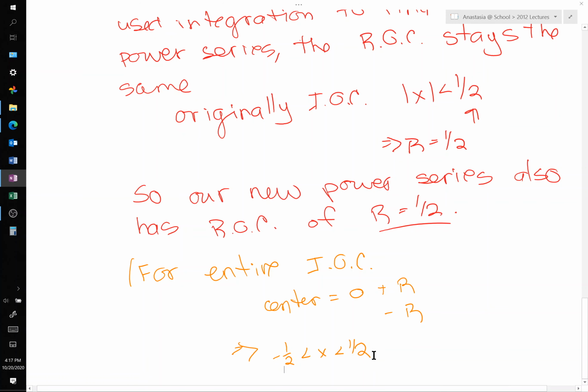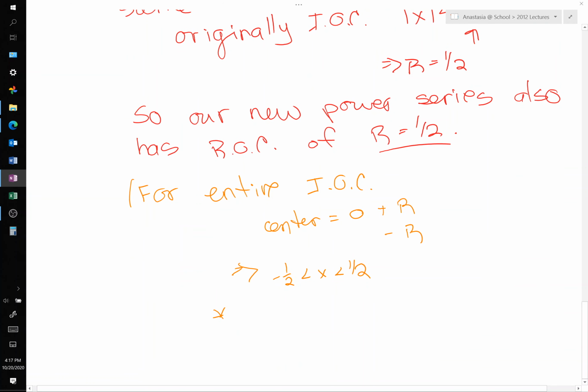So we get the interval between negative 1/2 and 1/2, but we must check the endpoints.